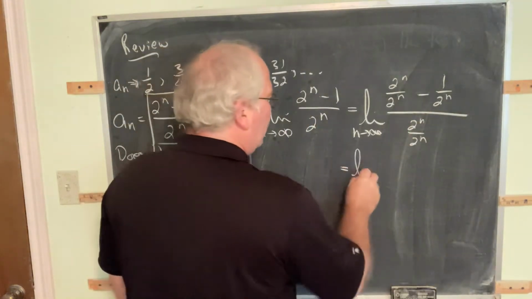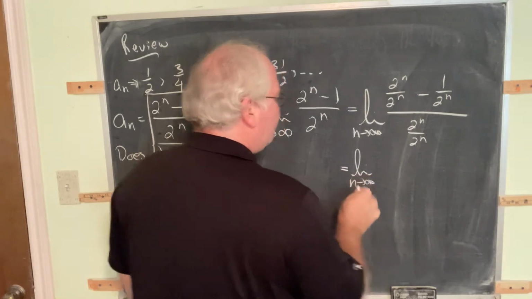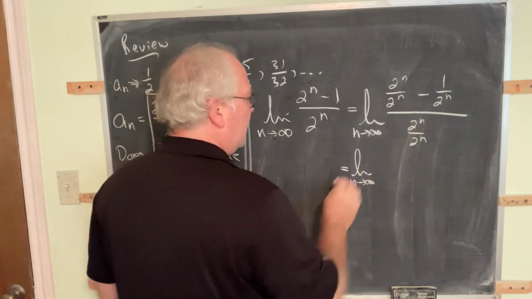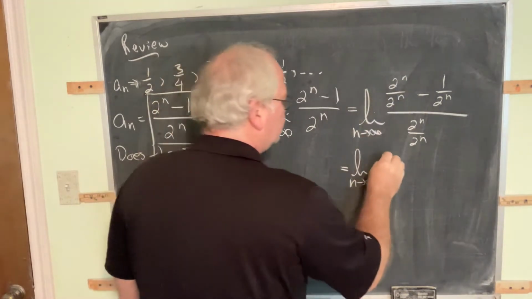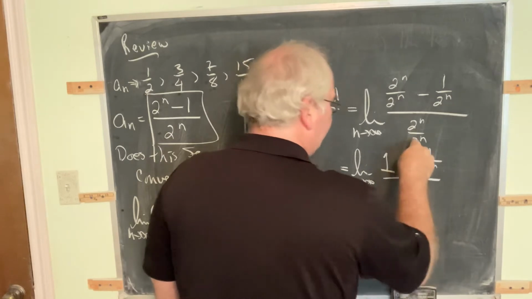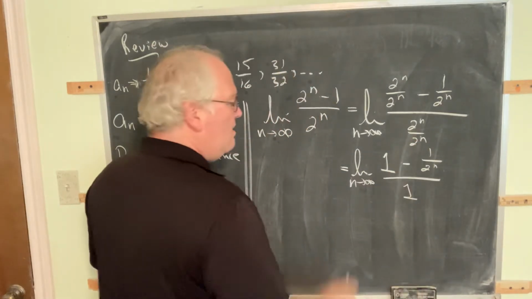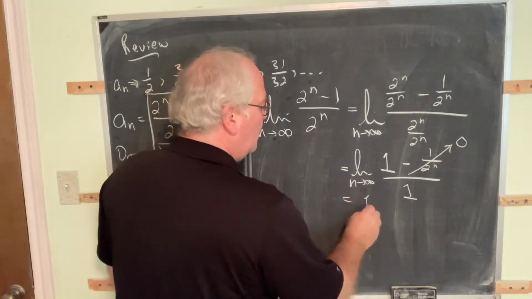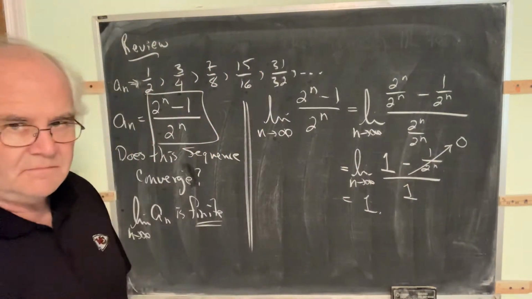And when you simplify that, remember, you continue to write lim until you actually do the evaluation. This is 1 minus 1 over 2 raised to the nth power, and this denominator is 1. Well, in the limit, it's clear that goes to 0. And so that limit is 1.